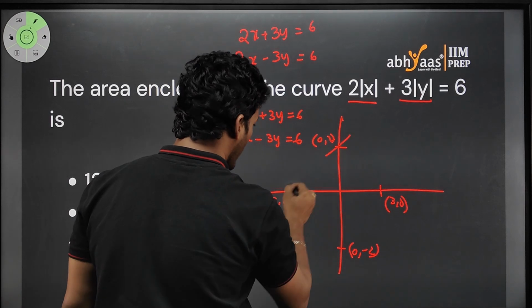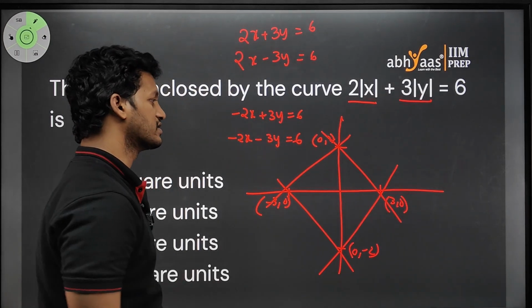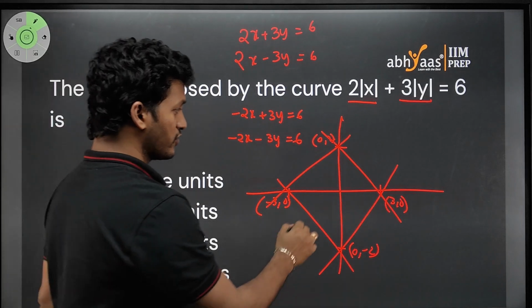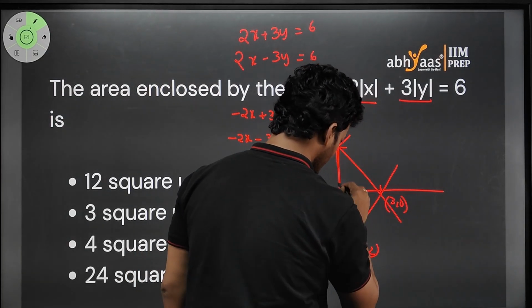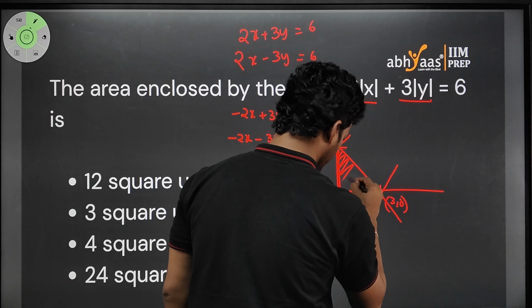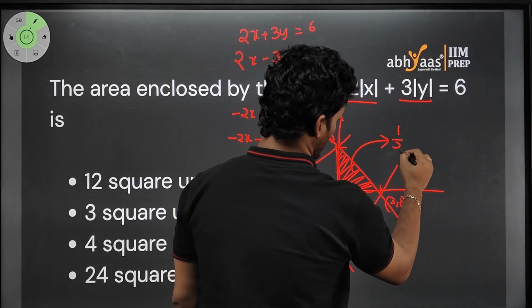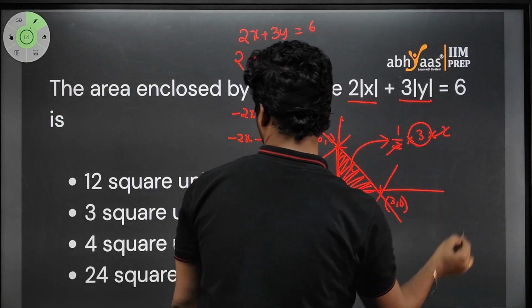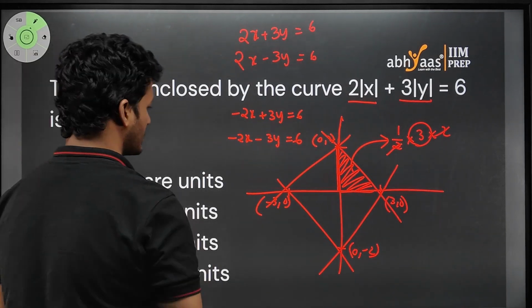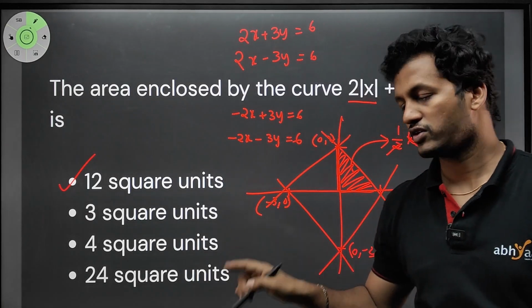So you have to find the area enclosed by these 4 lines. If you don't want to extend this, you can just find the area of this right angle triangle, this shaded area, and multiply with 4. Half into base into height, so it would be 3 and 2, times 4, 12 square units is the answer. Or if you find vertices, you can find it that way also.